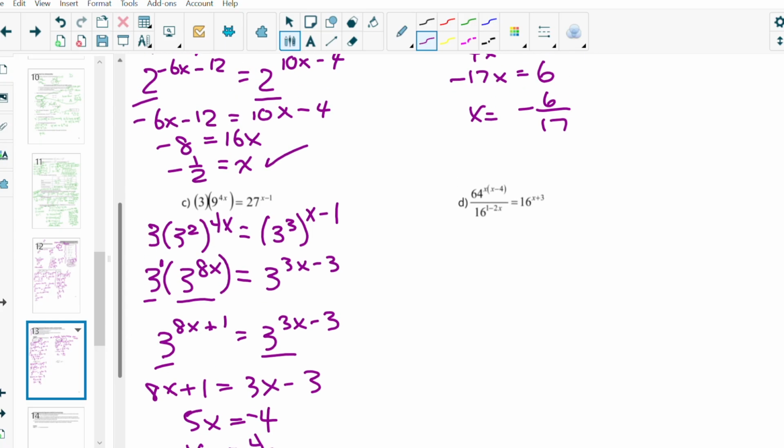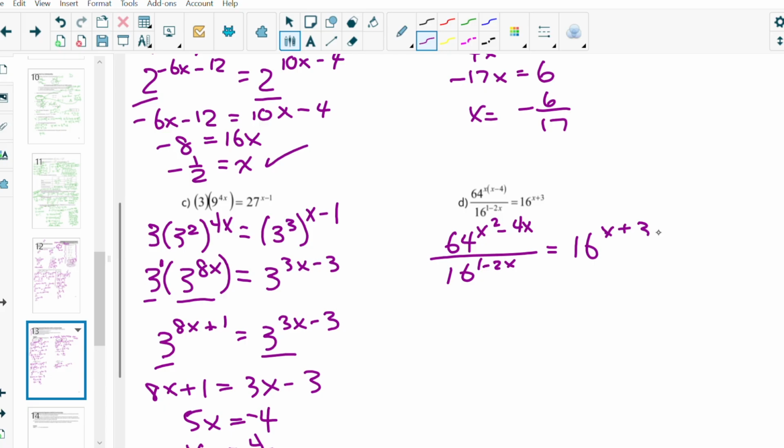Okay, what about this monster here? 64x to the x times x minus 4. So we got to rewrite this. Let's do this. Let's combine that. Okay, this one I'm going to rewrite in terms of, you could do base of 2, but I'm going to do base of 4.